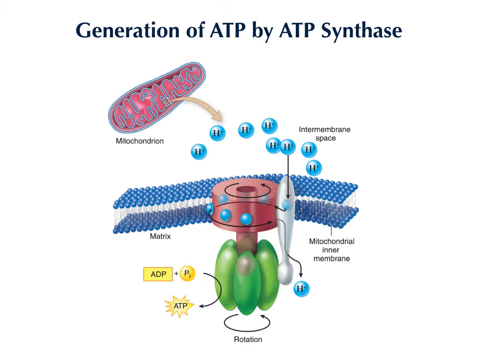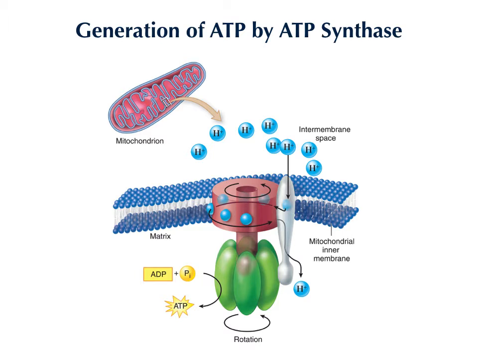So all of the high energy electrons removed during the citric acid cycle then enter this chain of carrier molecules that are embedded on the inner membrane of the mitochondria. And that is the electron transport chain, or the electron transport system. And all these high energy electrons and their accompanying protons are carried to this electron transport system by nicotinamide adenine dinucleotide and flavin adenine dinucleotide.